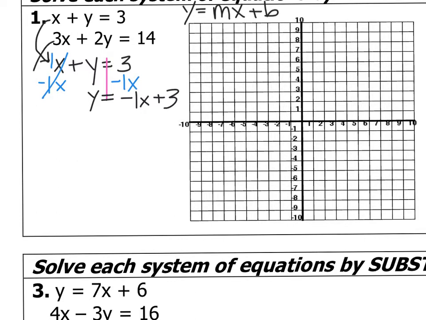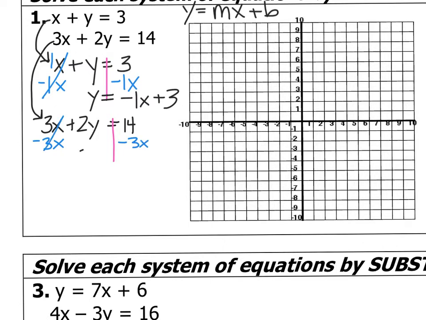I'm going to take my second equation and rewrite that as well. Make my line down the equal sign. I've got a little more work to do here. I have 3 x's that I have to subtract like last time.